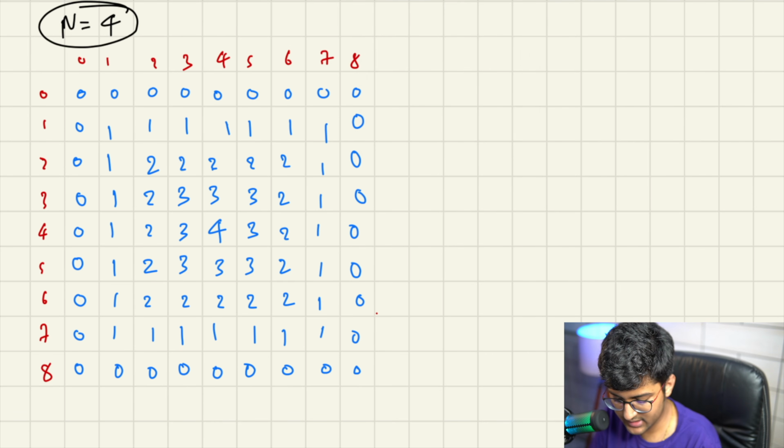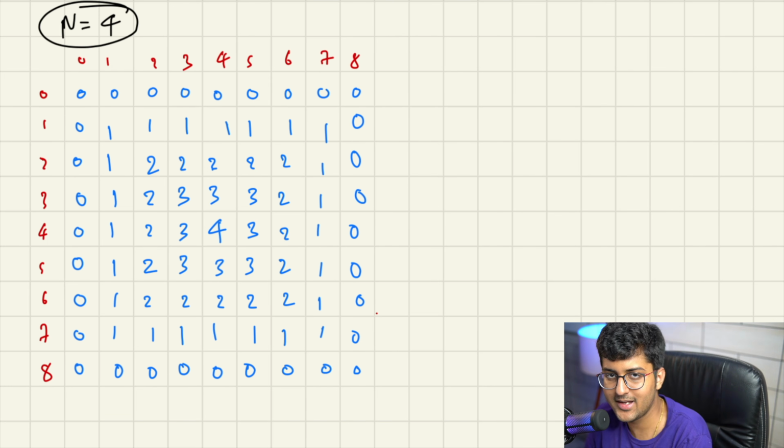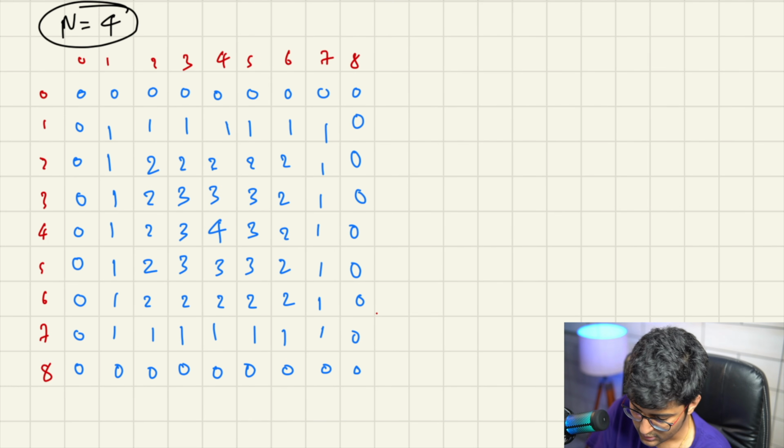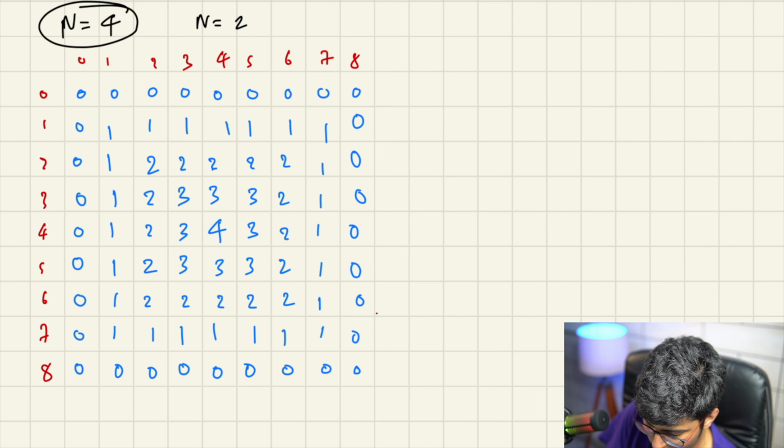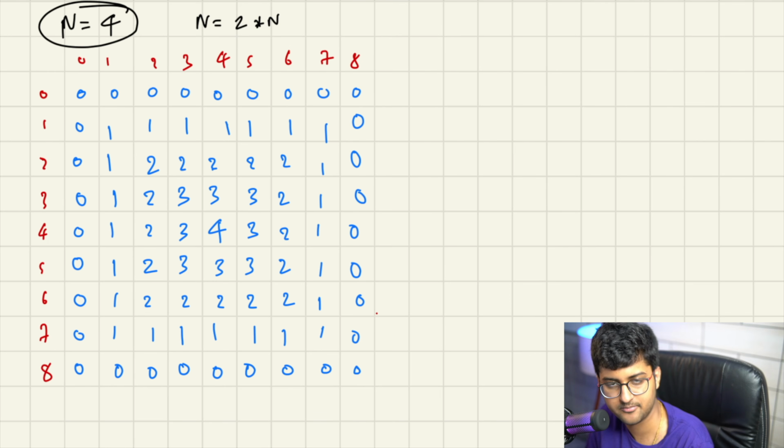For n is equal to 4, it's actually running indices of rows and columns from 0 till 2 into n. It's running its indices. So in order to make things simpler, I can say n is equal to 2 into n, just to make things simpler.